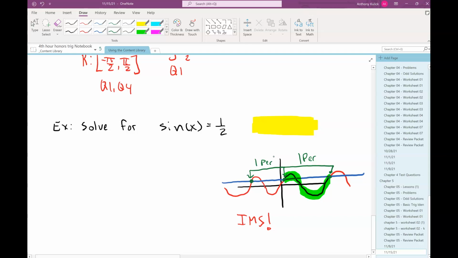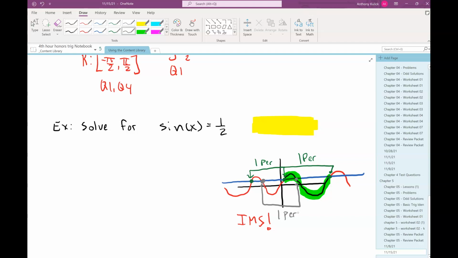If I compared this solution and this solution, also one period apart. Everybody see that probably as well? So really, there's two types of solutions. And then there's all the angles that are coterminal to those two types of solutions that are one period apart.